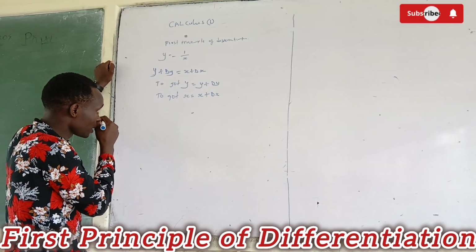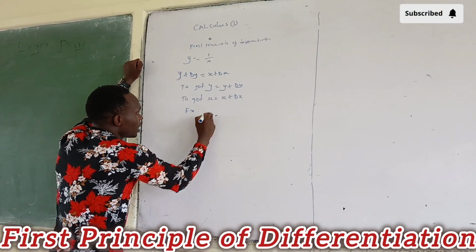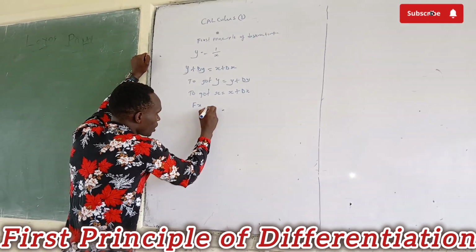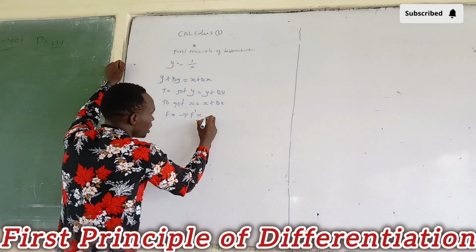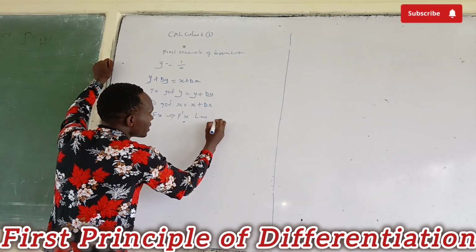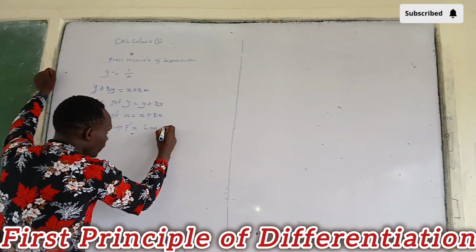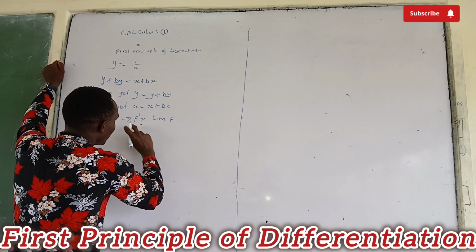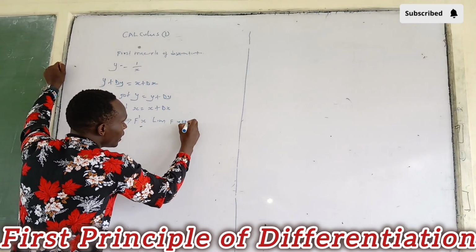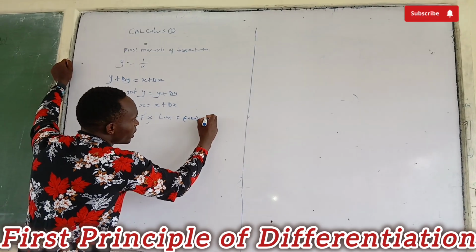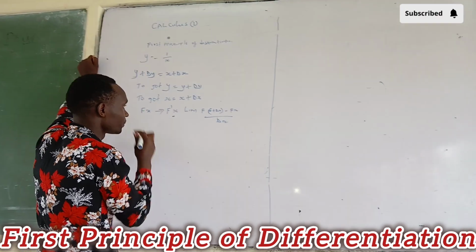So the first principle says that if I'm having the limit, let's say f(x), to differentiate this one, I'm going to get f prime of x, that is the limit of f of x plus delta x, then minus f of x, then over delta x.